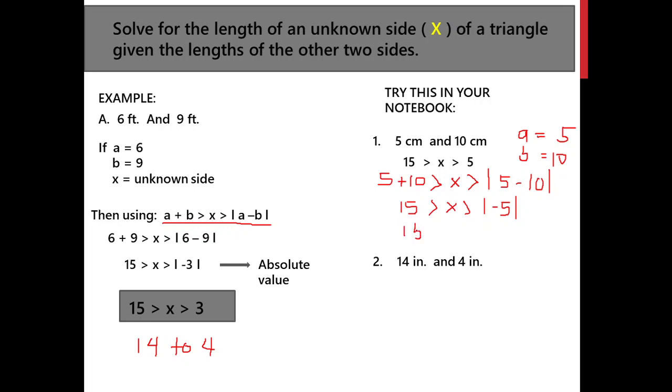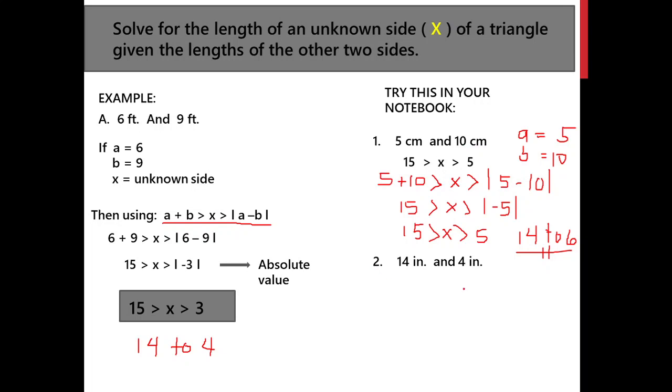So therefore, the third side should be less than 15, but greater than 5, or that is from 14 to 6. There. So these are the possible third sides of our two given sides for this to become a triangle.